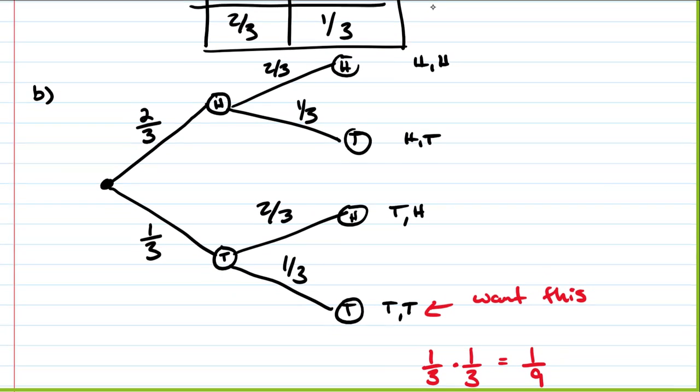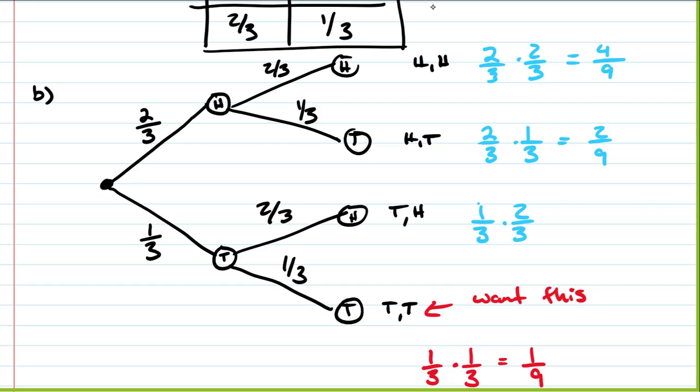Let's fill out the rest of this probability table. Well, what is my probability of getting 2 heads? It would be 2/3 times 2/3, which is going to be 4/9. The probability of getting a head and then a tail is going to be 2/3 times 1/3, which is 2/9. And the probability of getting a tail and then a head is going to be 1/3 times 2/3, which is also going to be 2/9.